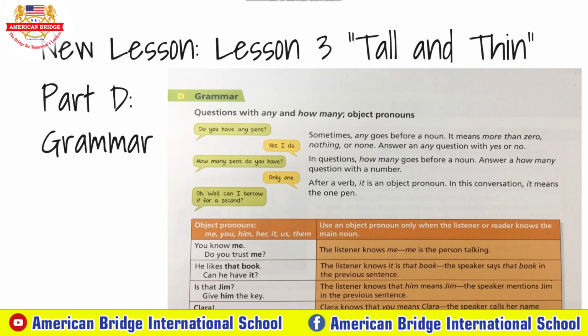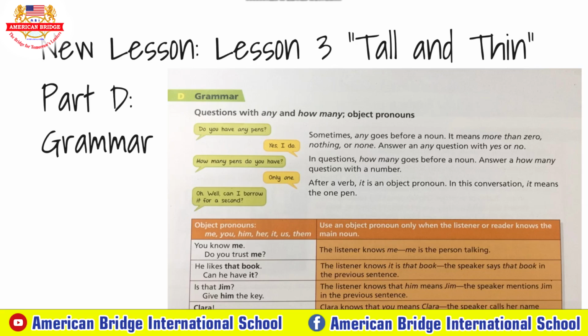Sometimes any goes before a noun. It means more than 0, or nothing, or none. Answer any questions with yes or no only. So like this one. Do you have any pens? Yes, I do. So you have to answer only yes or no, okay? Next, in questions, how many goes before a noun.